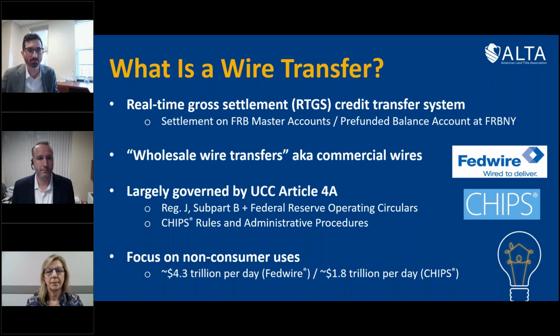FedWire has about 5,000 US banks participating. CHIPS has a far smaller number of banks, a few dozen that are mainly U.S. domestic branches of foreign banks, and they handle mainly cross-border payment flows. We primarily, of course, use FedWire for real estate, but CHIPS could be used, for example, in a commercial context with international investors or lenders.